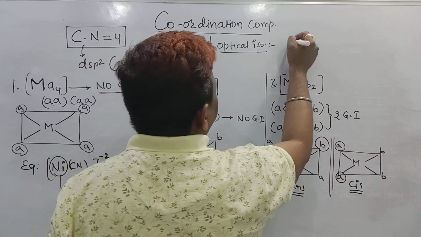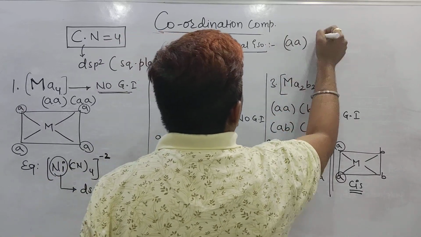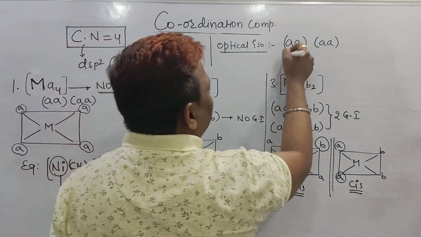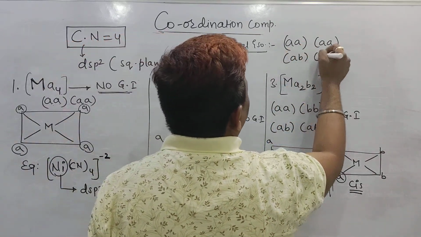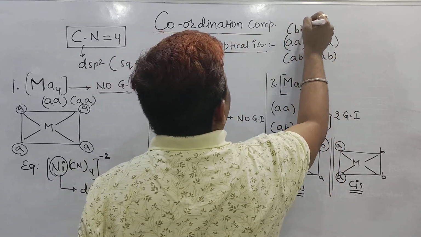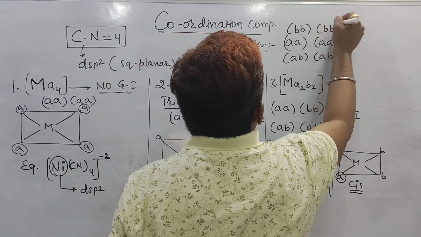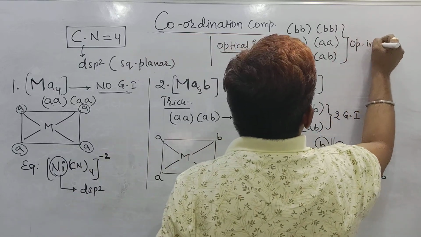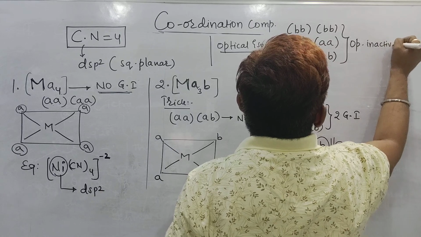The trick says that whenever you are getting the pairing like AA and AA, or AB and AB, or BB and BB, all such complexes are optically inactive complexes.